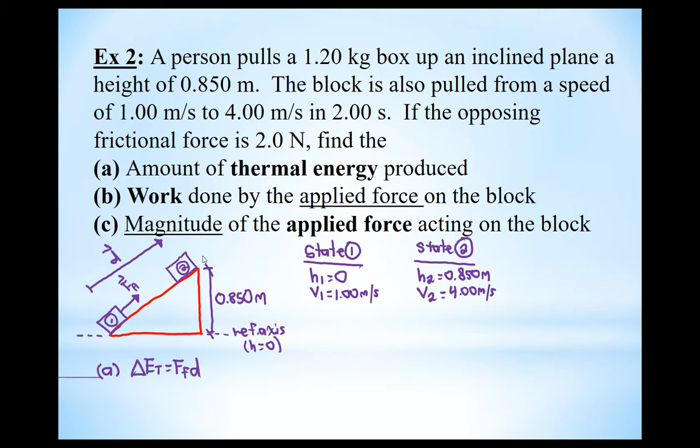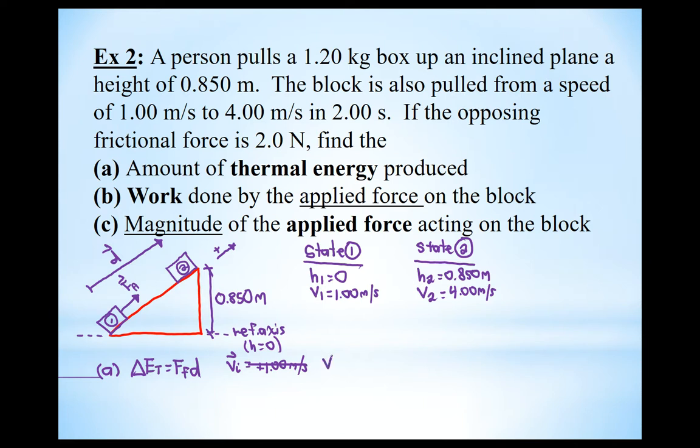So we're going to need to calculate that first. Let's see what we know. We'll assume this is uniform acceleration. My initial velocity, and let's say that up the incline is positive, so this is my positive direction, is positive 1.00 meters per second.